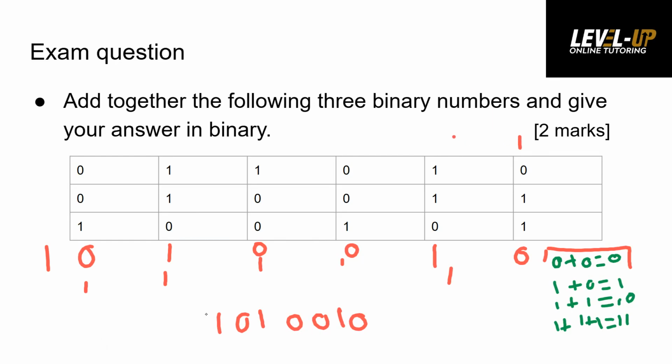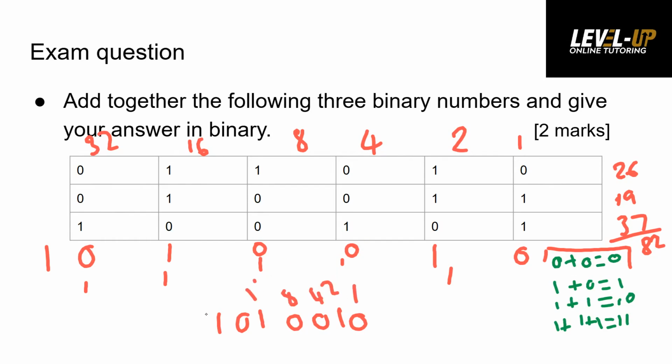Okay, and if I just wanted to double check this, which I definitely would if I had time in the exam. So this all adds up to 82. Let's double check if that's correct. 1, 2, 4, 8, 16, 32, 64, add 16, add 2, 82.